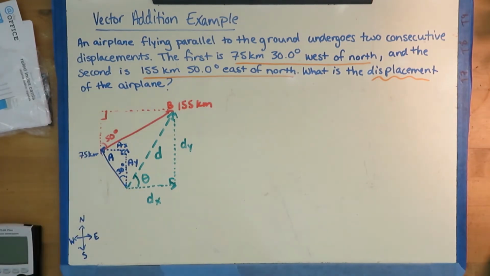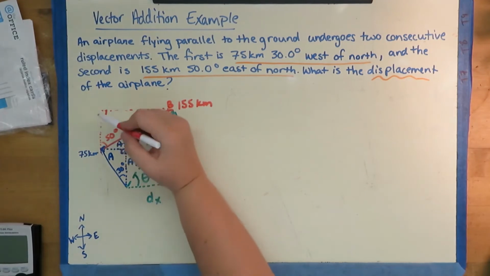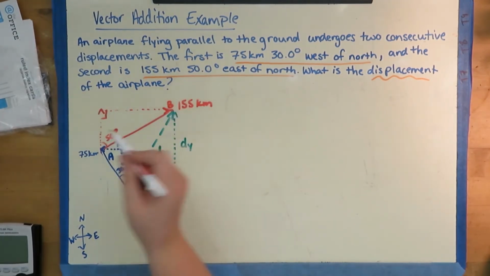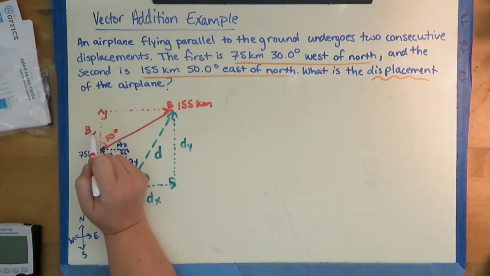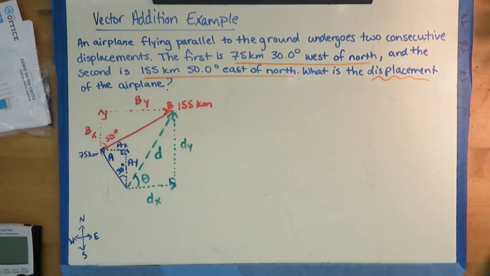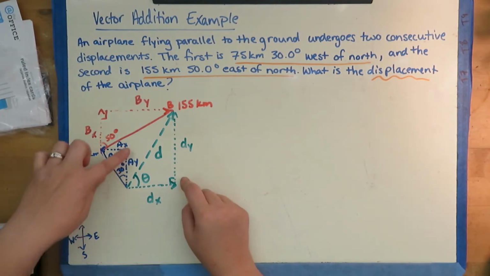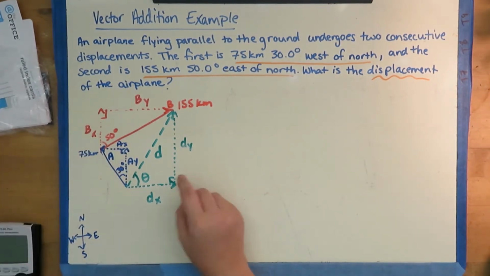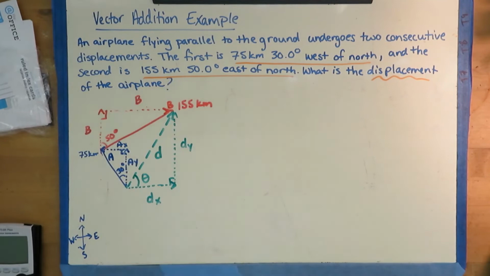So then vector B goes up and it goes to the right. So I have a BX and I have a BY. Now, what I want to do is use these simpler vectors to represent dx and dy. Well, if I look, oh, I labeled those wrong, haha.